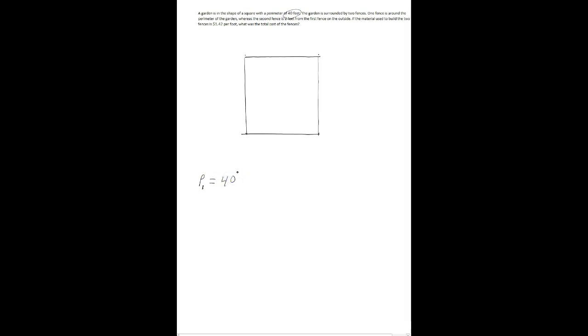Well, we know perimeter is equal to 2 times the length plus 2 times the width. In this case, we know it's a square, so length is equal to width. Let's just call it S for sides, side S, side S. So we know all four sides are the same.